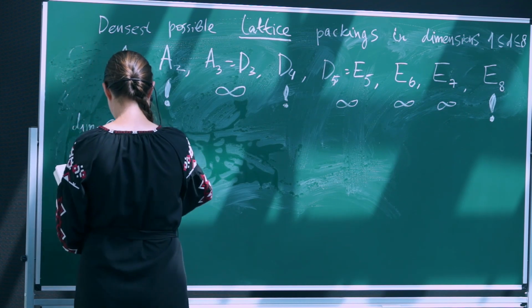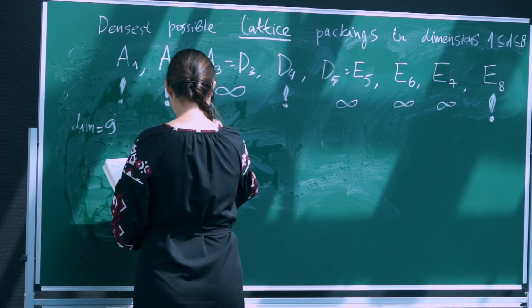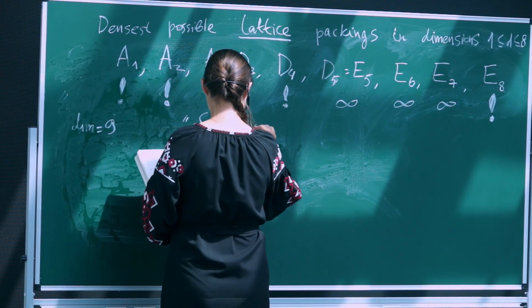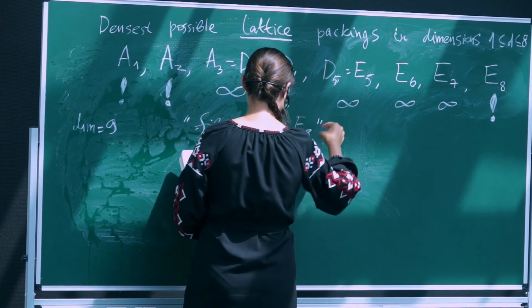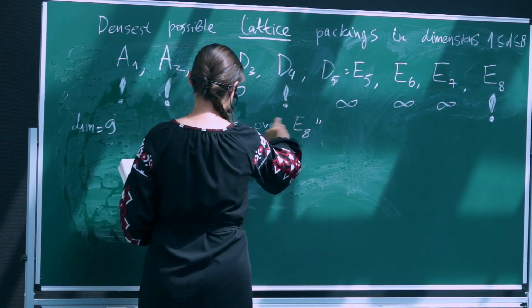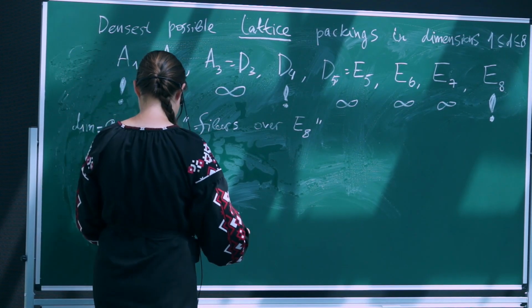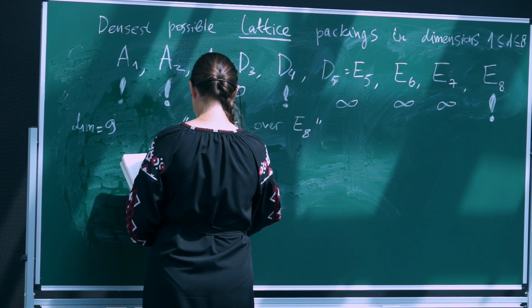So he has what he calls the fibers over E8, so we can take E8, stack them together in a certain way, and obtain dense packings for dimension 9. But he also discovered what he calls a fluid diamond packing.